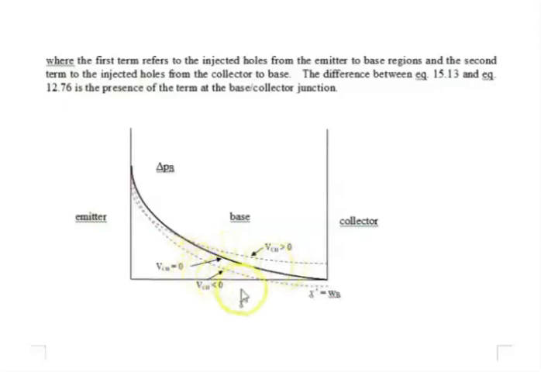And if we have a reverse bias, which is VCB less than 0, negative voltage at the collector with respect to base, we have an increase in the slope of the excess carrier concentration, and that gives us an increased current. Don't forget that the current is proportional to the slope. This is low slope, not so good, not so much current. High slope, more current. And this is the equilibrium condition where we have basically a p-n junction.